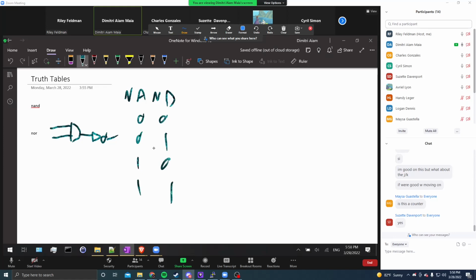And then we AND them. This is the symbol for AND. So 0, 0, 0, and then the 1, and then we invert it. So 1, 1, 1, 0. So this is the NAND. Does it make sense? Yeah.